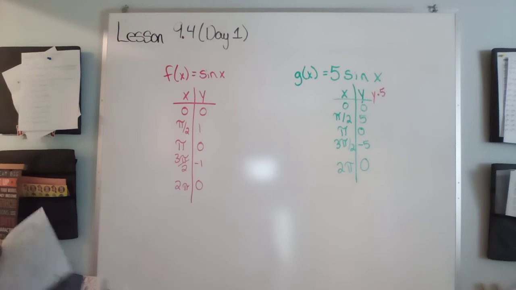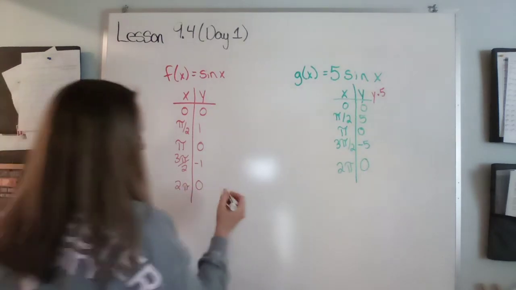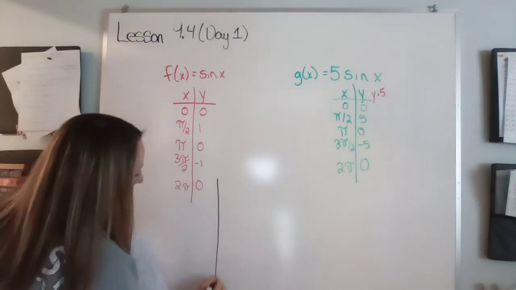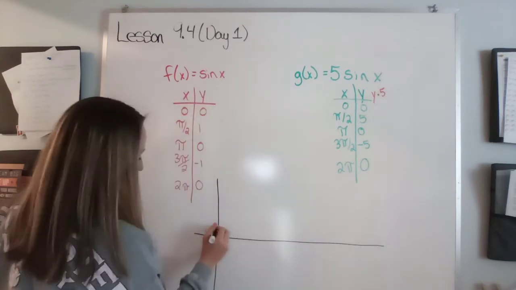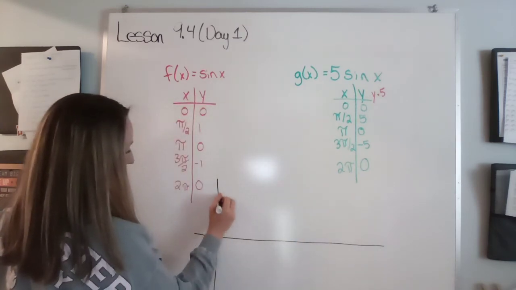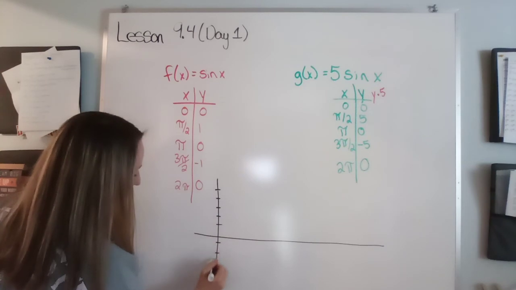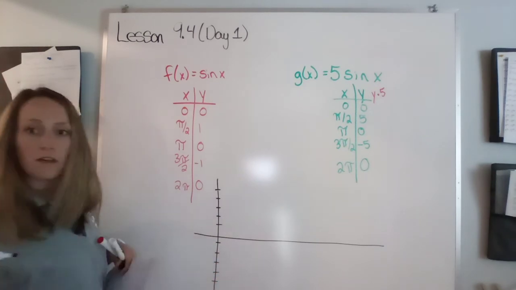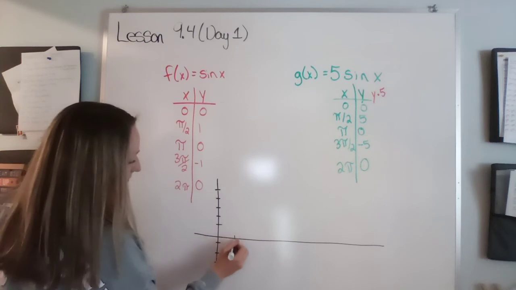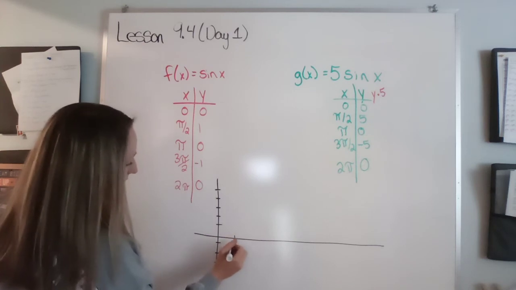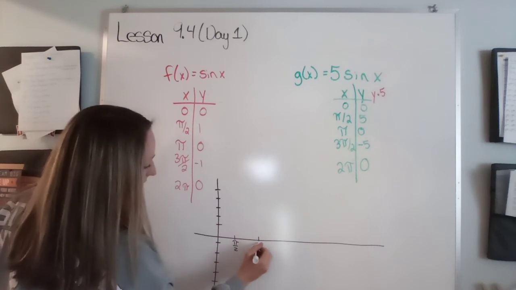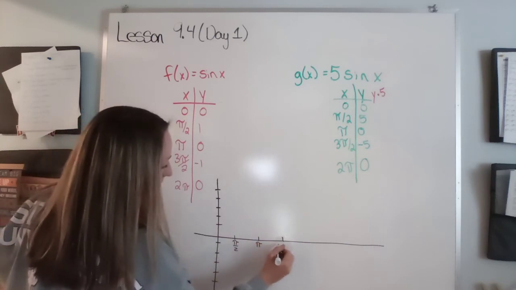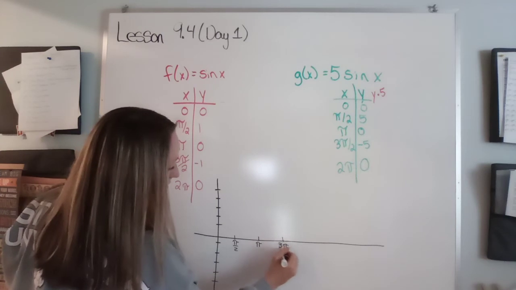Let's graph first, then we'll talk about the amplitude and the period. All right, so one, 2, 3, 4, 5. 1, 2, 3, 4, 5. Right, and then we have pi over 2. We have 3 pi over 2.